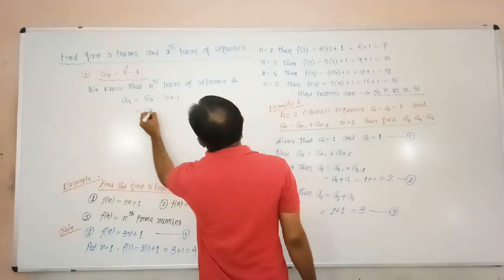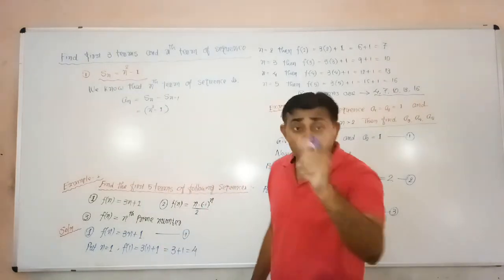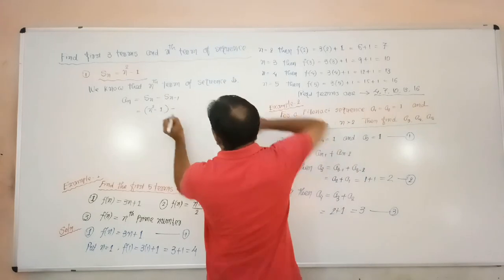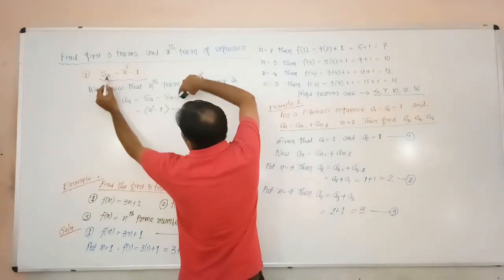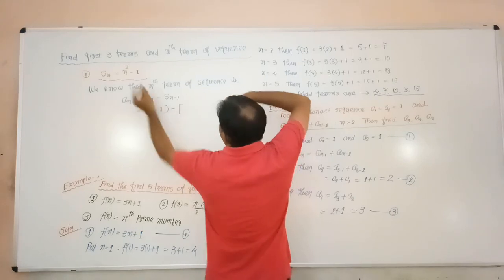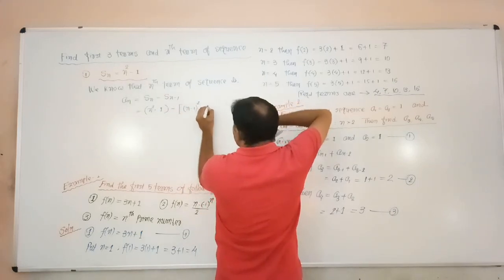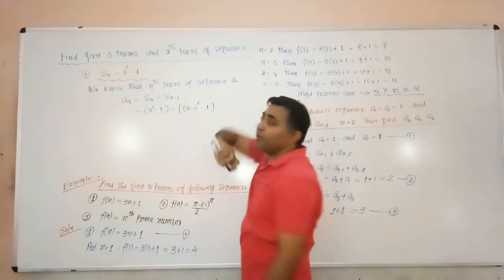Sn can be written as n square minus 1. See here, n square minus 1 is Sn. Now S(n-1): in place of n we may write n minus 1. So here I write in the bracket (n minus 1) whole square minus 1. This is S(n-1).